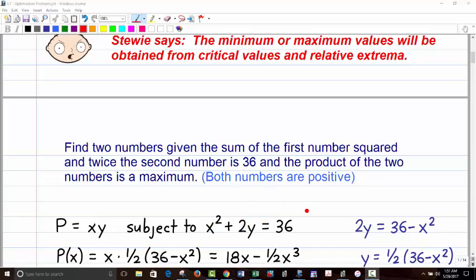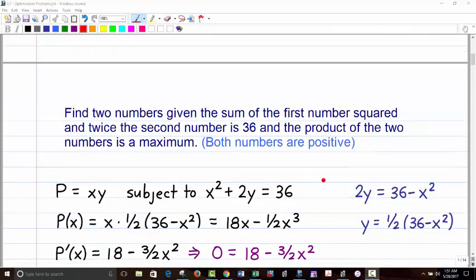So "is" means equal, so we have x squared plus 2y equals 36. Now I'm going to take the secondary equation, the constraint equation, and solve that for y in terms of x. That's pretty simple algebra. Y equals 1/2 times 36 minus x squared.